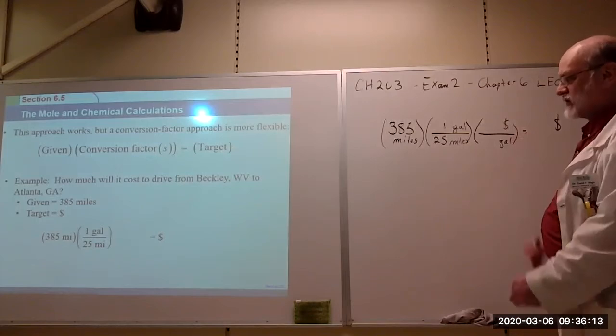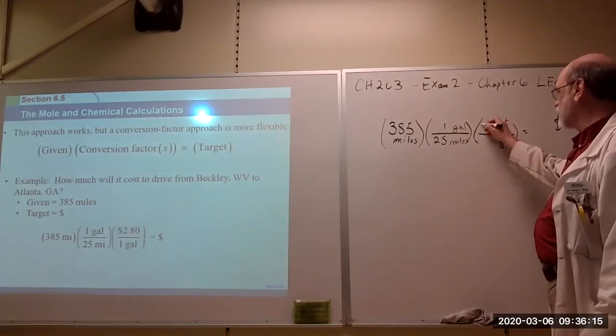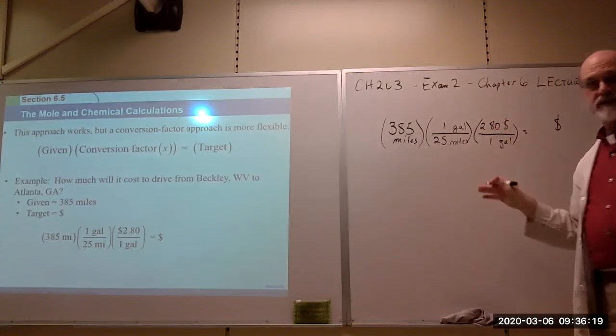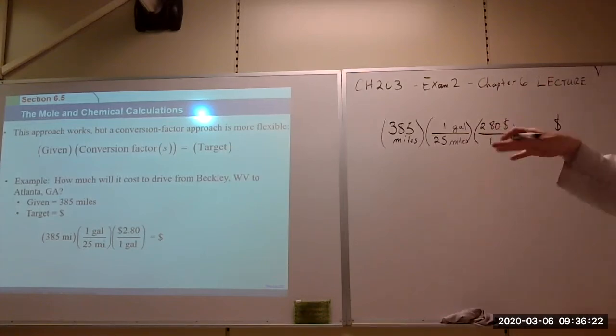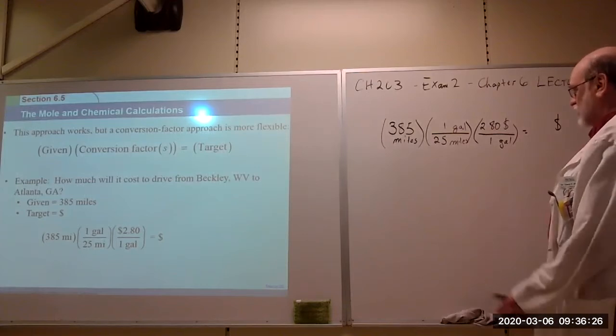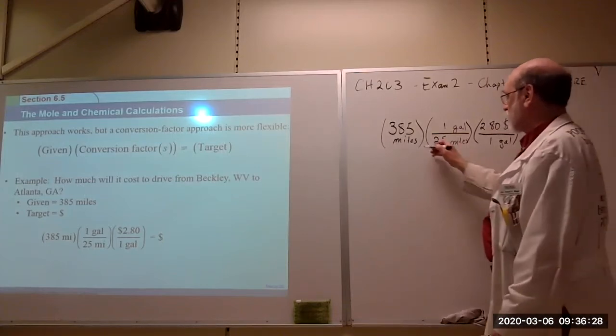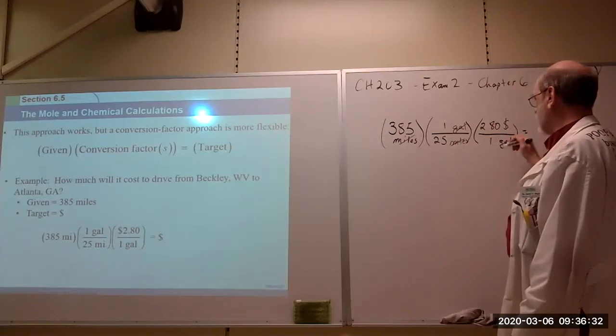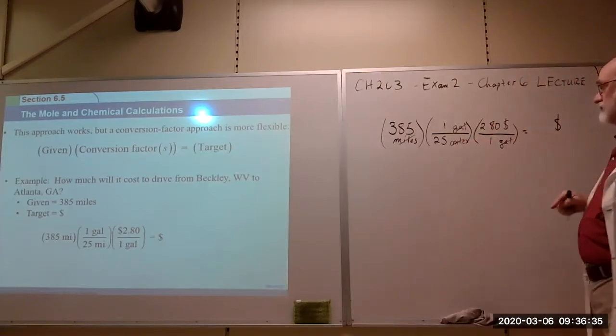And then how much does it cost per gallon? If you put $2.80, you've already built in a buffer. So we don't need to add any extra once we do the calculations. So miles in the numerator, denominator cancel. Gallons, numerator, denominator cancel. Leaves us with dollars.